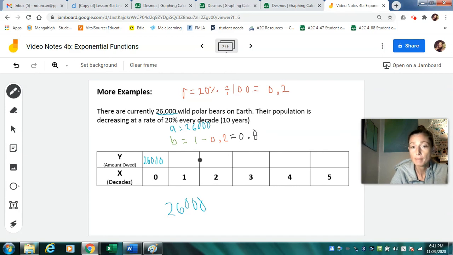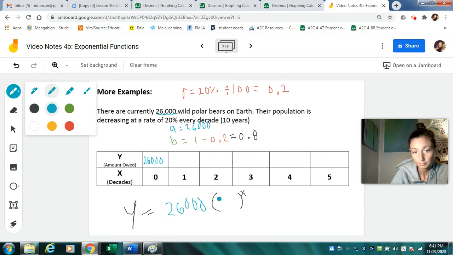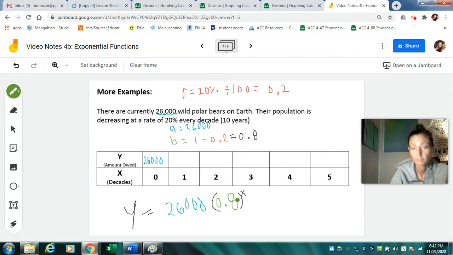So we're going to multiply by 0.8. We're going to see what this polar bear situation is looking like. Okay, so we're starting at 26,000 polar bears, and every 10 years, every decade, they decrease by 20%, so there's 80% remaining. So I go into my calculator, and you can do this by multiplying by 0.8, but I'll show you how to do it as a function.